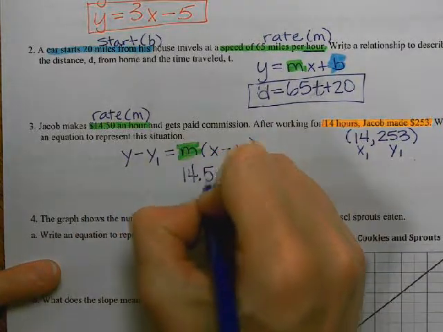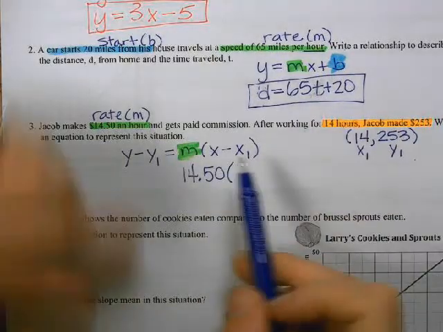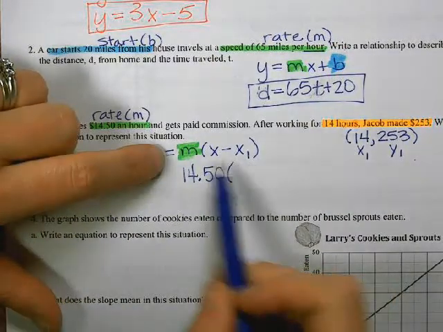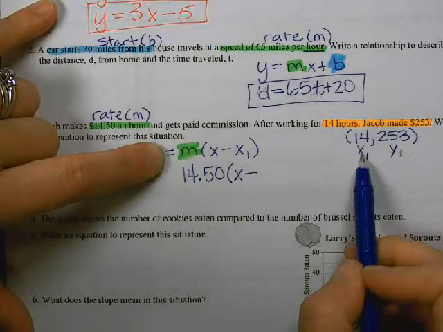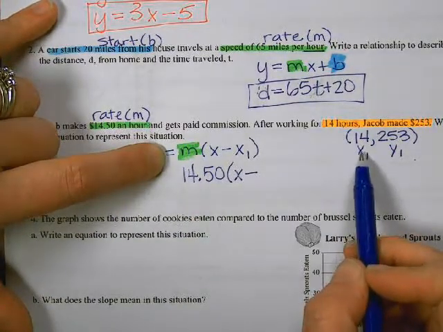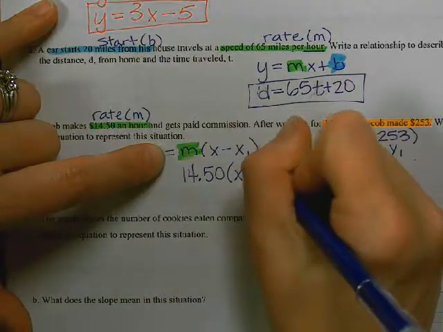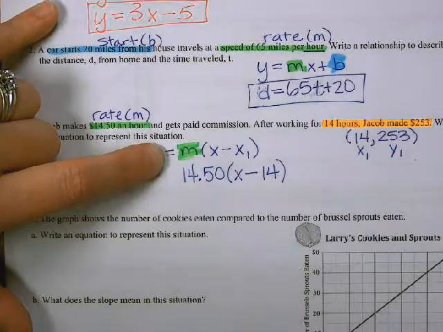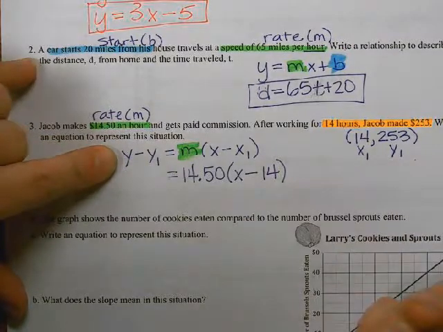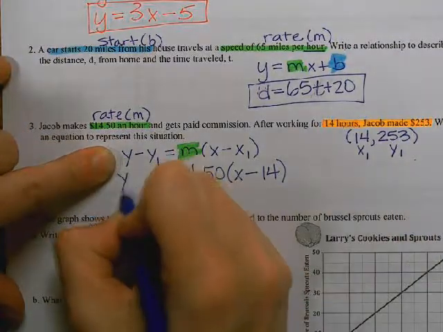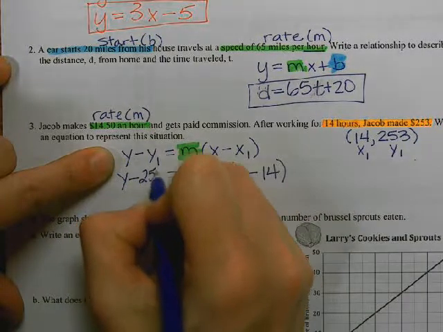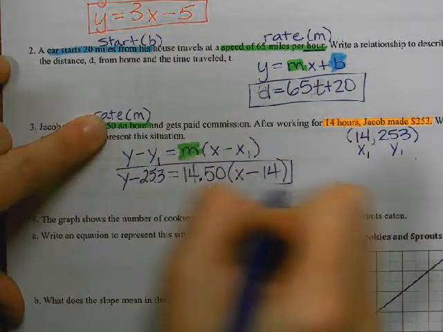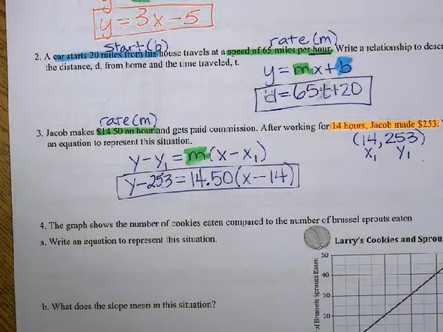So we say 14.50, and then I'm just going to finish this side. So it's m times x minus x1. Well, x1 is over here in my parentheses, and it's 14. Okay? Now I'm going to fill in the other side. It's y minus y1. So I say y minus y1 is 253. Okay? And that's your equation. You're done. Okay?